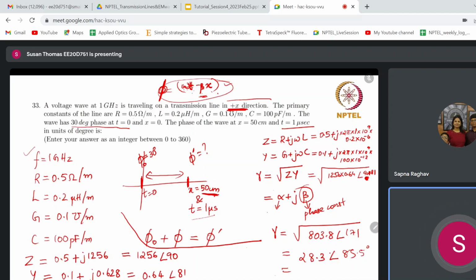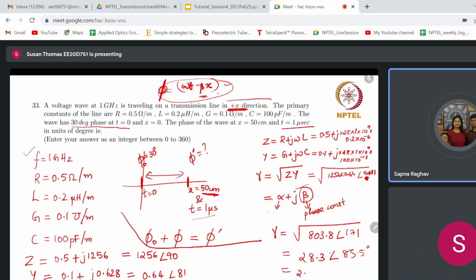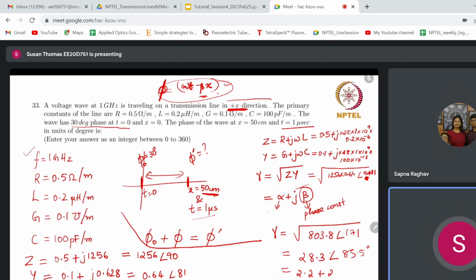This is in polar, so convert it to rectangular. What do we get? 2.2 plus j 28.26. Now what is it that we are interested in? We are interested in the imaginary part, that is the beta, 28.26. So we got the phase constant.